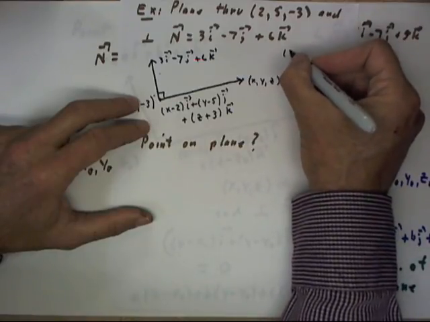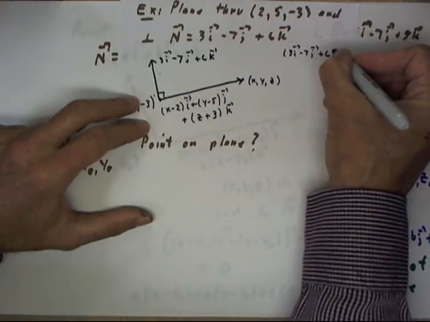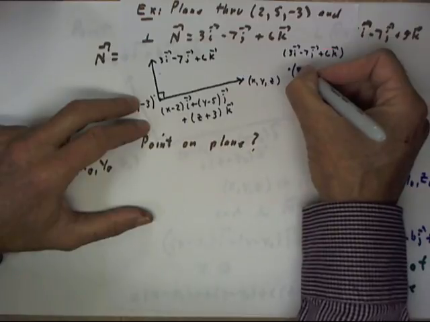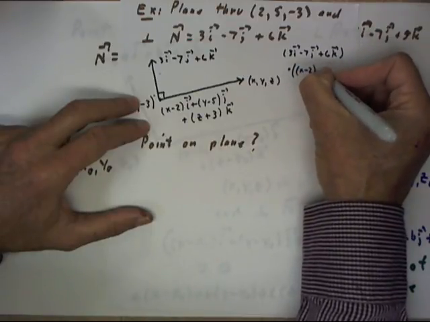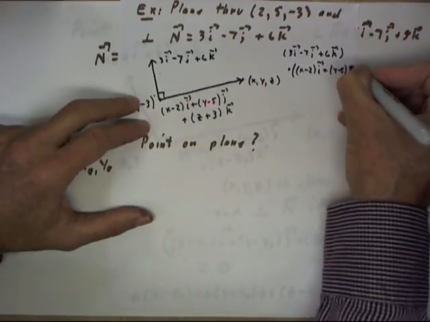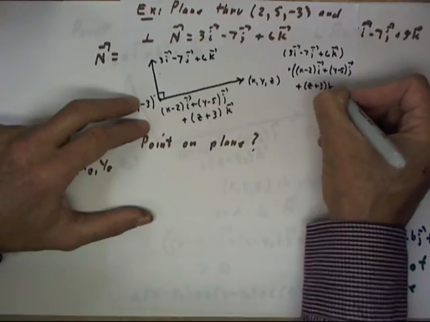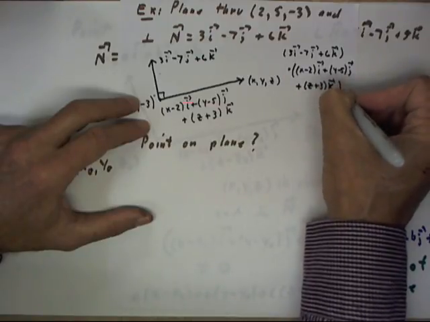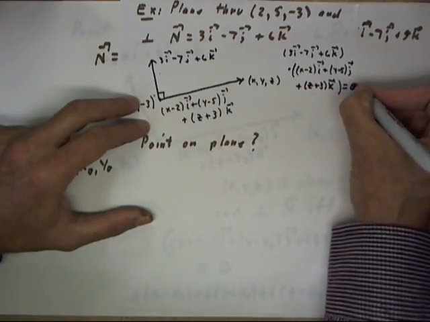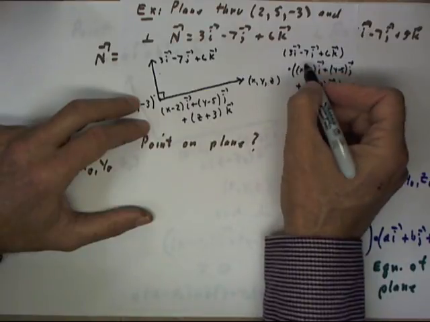we're going to say that 3i minus 7j plus 6k dotted with our vector x minus 2 i plus y minus 5 j plus z plus 3 k. These two vectors are perpendicular if this is equal to 0, giving us the equation of the plane.